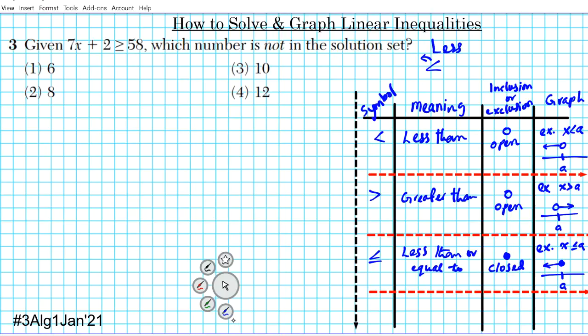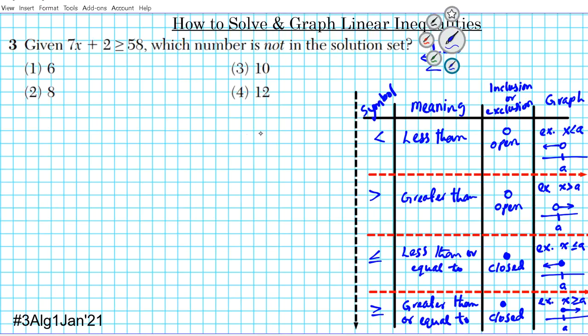The symbol is a combination of greater and equal, and this is also closed, because the equality component makes it included. If we graph x ≥ a, it's going to be a and everything to the right. So that was a brief overview on inequalities, just something to keep in mind.